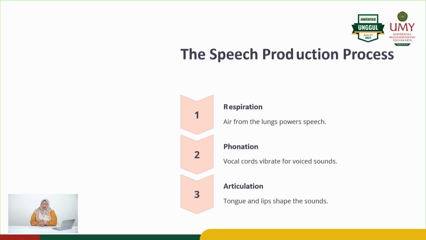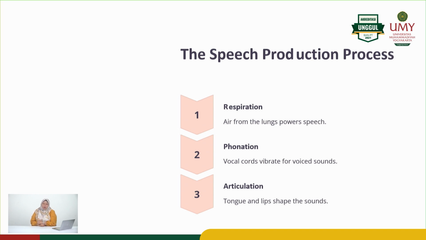Speech production happens in three main stages. First, we need air. So when we inhale and then when we exhale, the air comes from our lungs. This is called respiration. Then, as the air moves through the vocal cords, they either vibrate to create voiced sounds like z, or stay open for voiceless sounds like s.